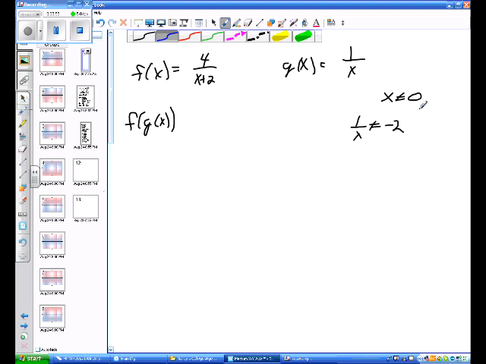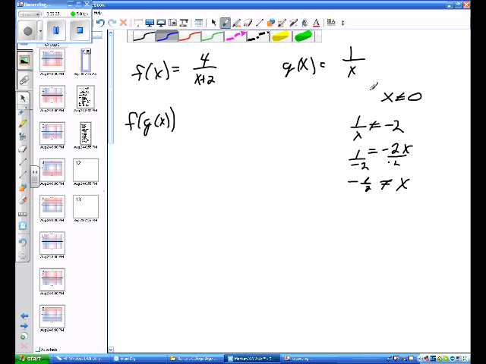So if we take this and multiply both sides by the x, we're going to have 1 equals -2x. Dividing by -2, then we get -1/2. x cannot equal -1/2. If x equals -1/2, then this denominator is going to end up being 0.